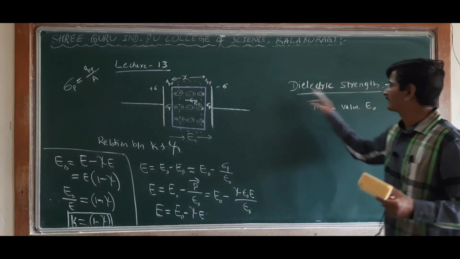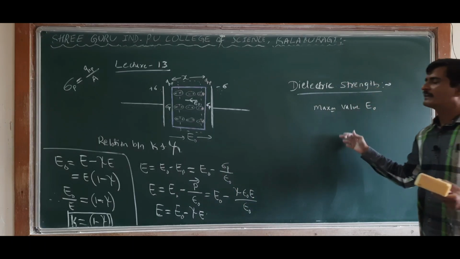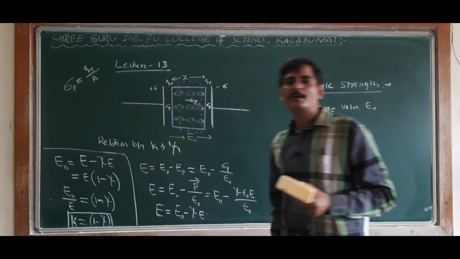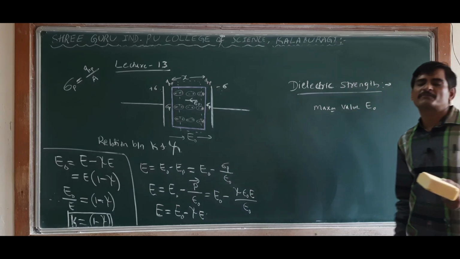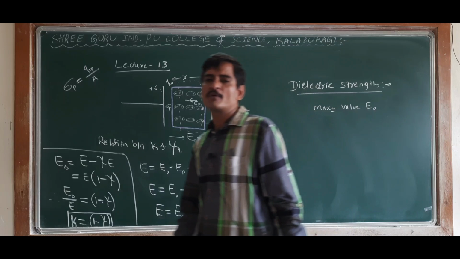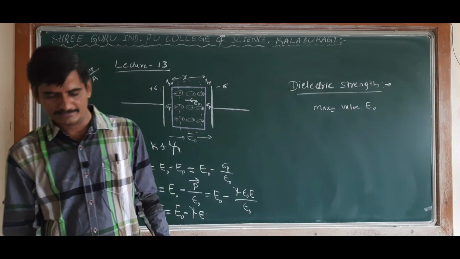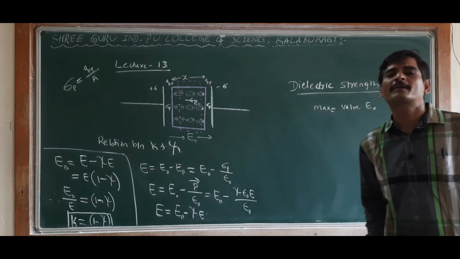See here, I am giving the definition of dielectric strength. The dielectric strength of a dielectric is defined as the maximum value of electric field that can be applied to a dielectric without its dielectric breakdown.